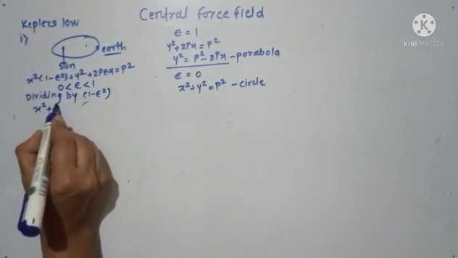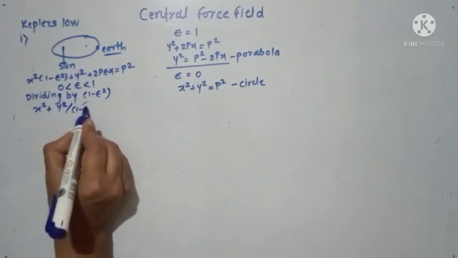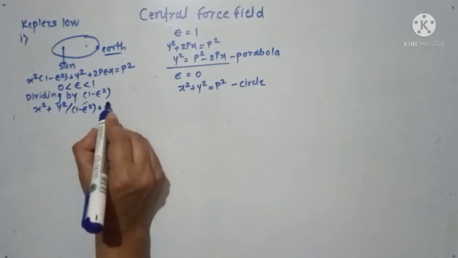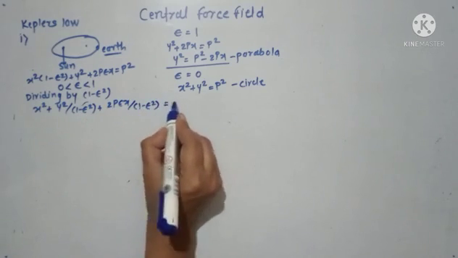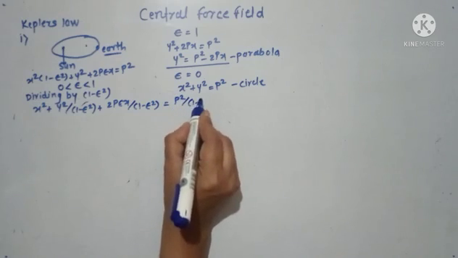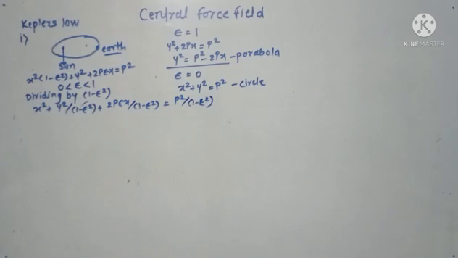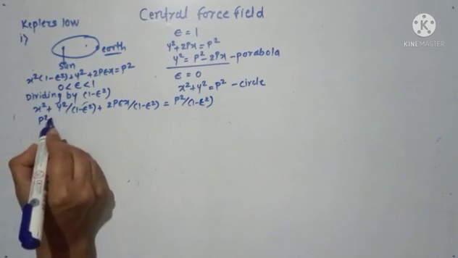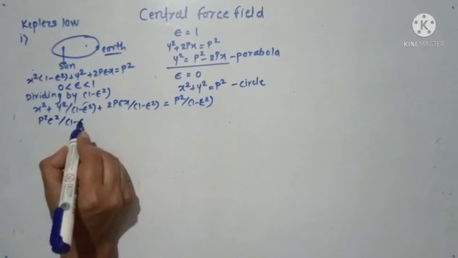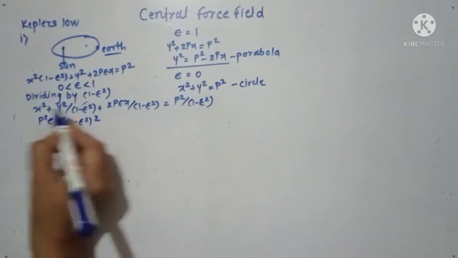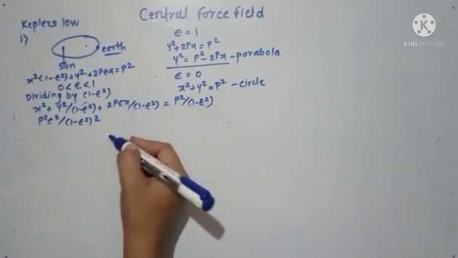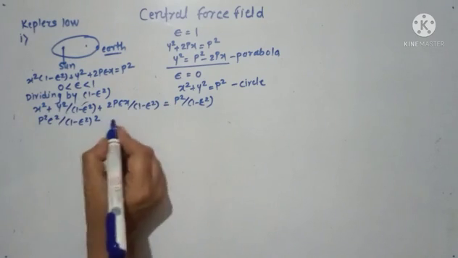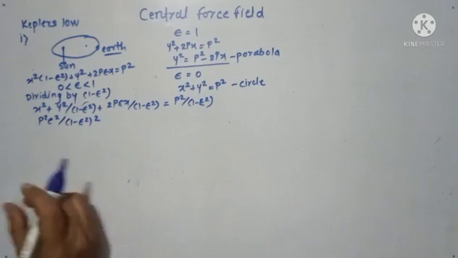So it will be x² + y²/(1 − ε²) + 2pεx/(1 − ε²) = p²/(1 − ε²). Now let us add p²ε²/(1 − ε²)² to both sides. Just a few mathematical steps to bring it into the form of an ellipse. There are no conceptual things here, just some mathematical adjustments.